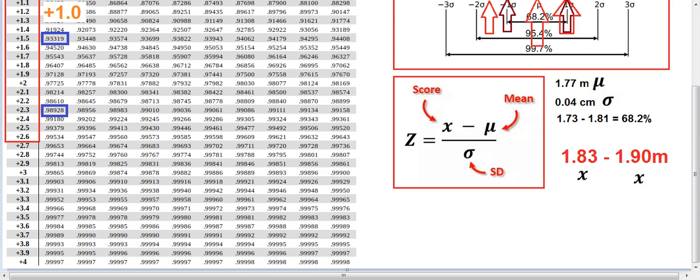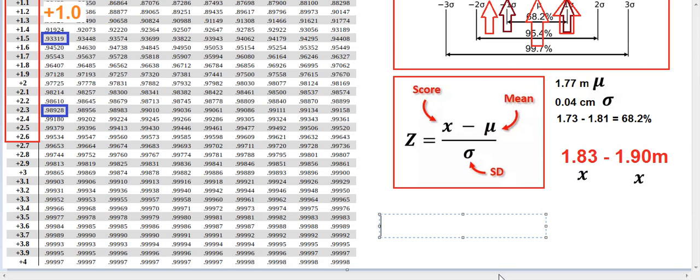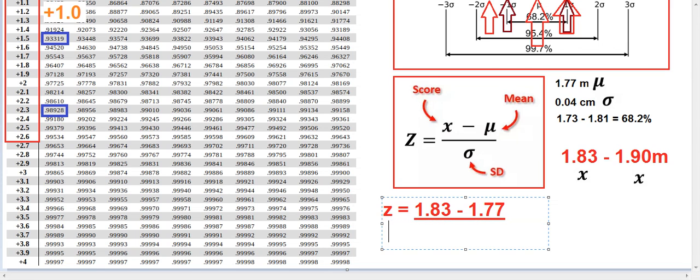So let's calculate it. The z-score is going to be equal to, I'm going to start with this one, 1.83 minus 1.77, divided by the standard deviation, 0.04.